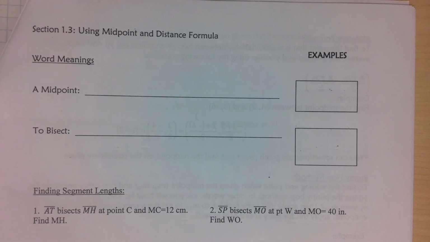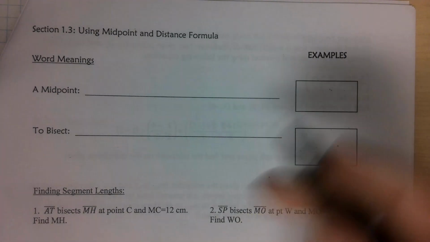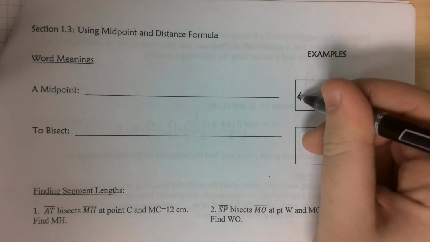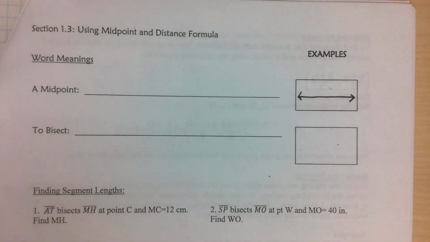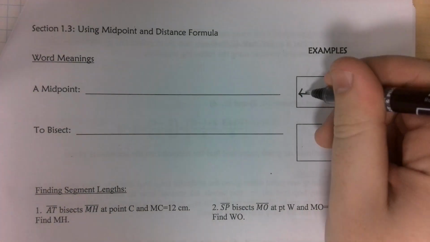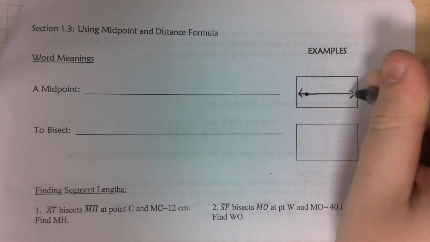The first definition that we're going to talk about is a midpoint. So, I want you to draw the following. I want you to draw a line. I want you to draw 2 points near the arrows.